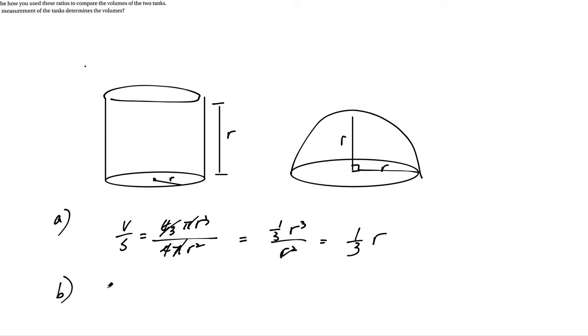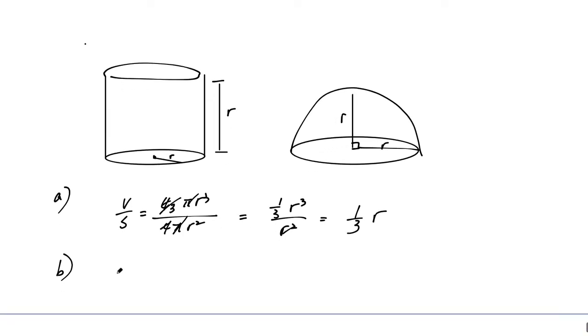Now write and simplify an expression for the ratio of the volume of the cylindrical tank to its surface area. So the volume for that is pi r squared times height, which is r, divided by the surface area, which is 2 pi r squared, representing the area of the top and bottom, plus the side, which is 2 pi r h, which is also r.